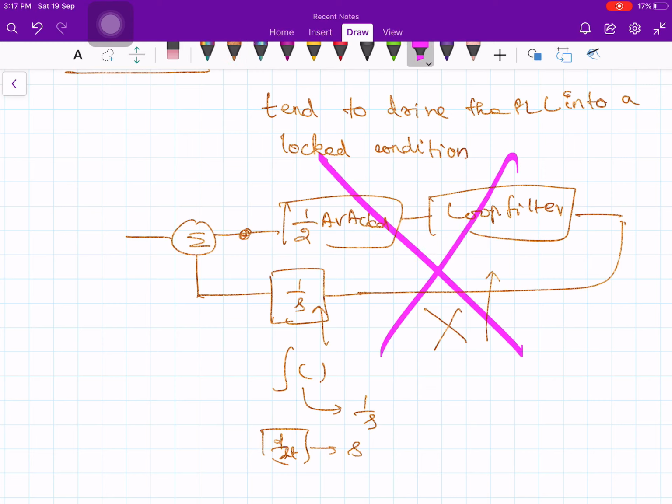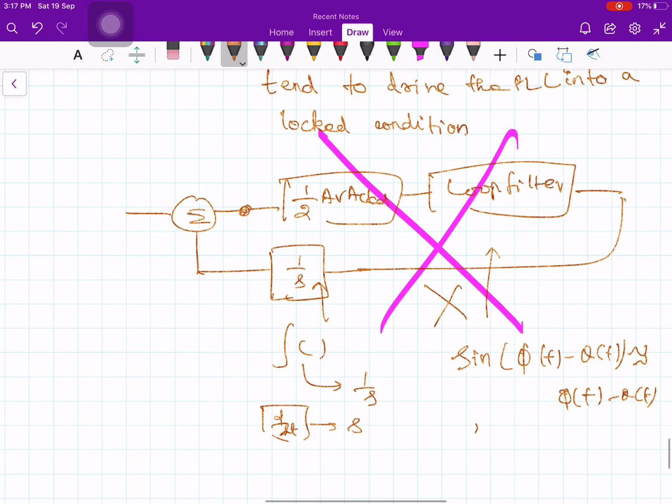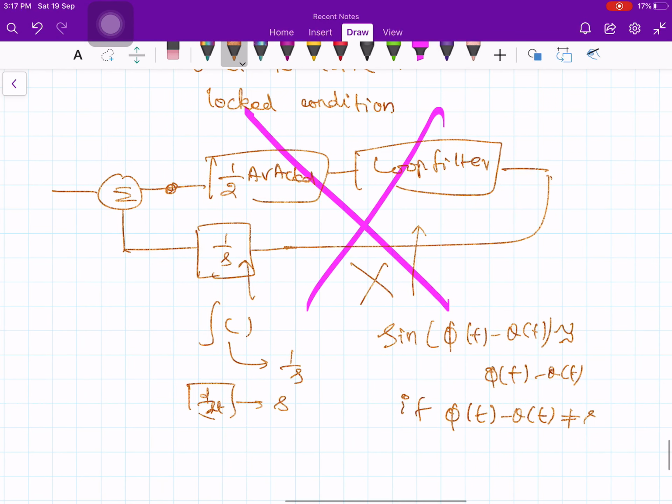Whenever the error is very, very small, then I can use that approximation, that is sine of phi of t minus theta of t is approximately equal to phi of t minus theta of t. If phi of t minus theta of t is not a small value, then I cannot use this diagram.